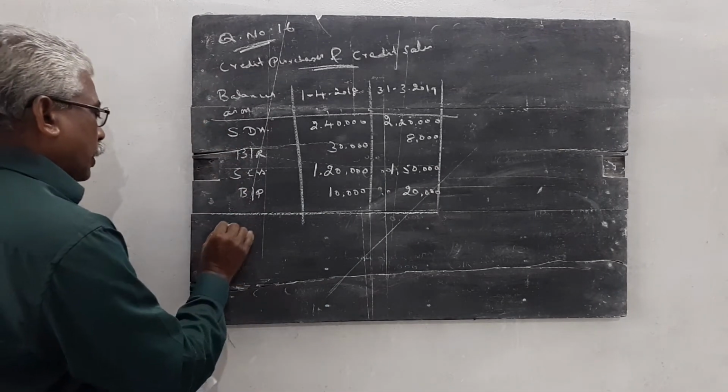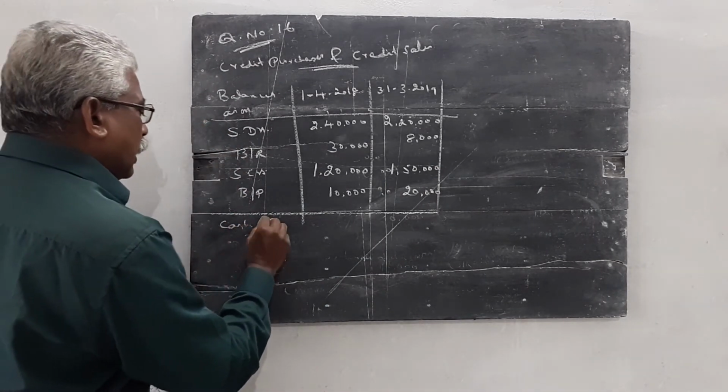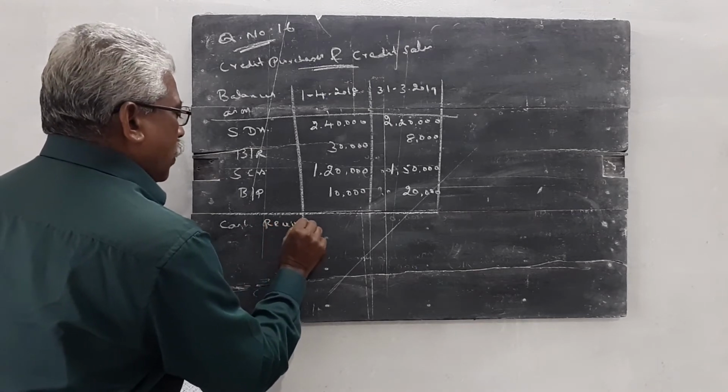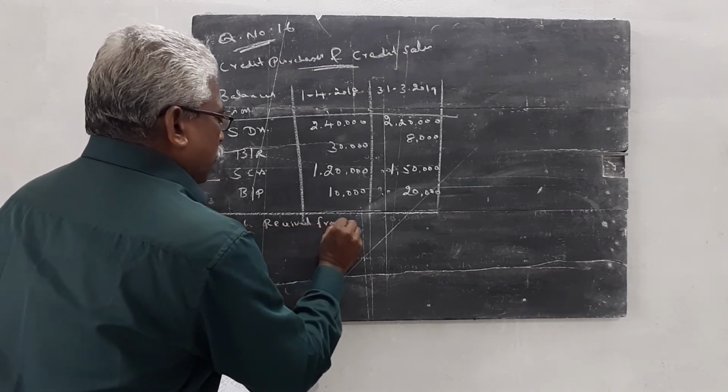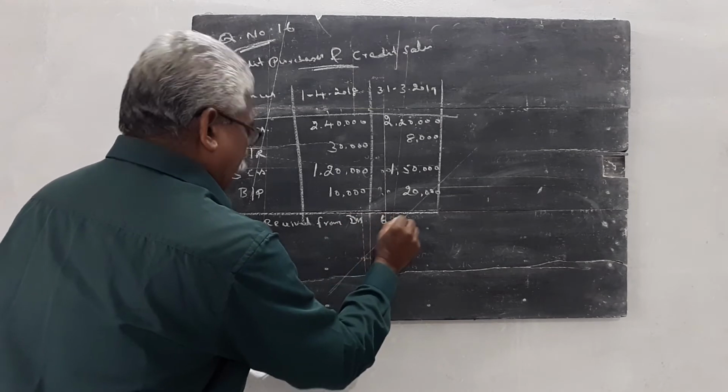Then additional information: cash received from debtors 6 lakhs.